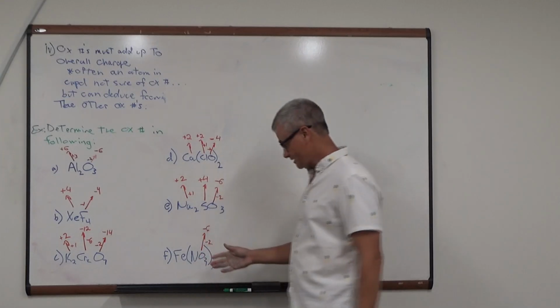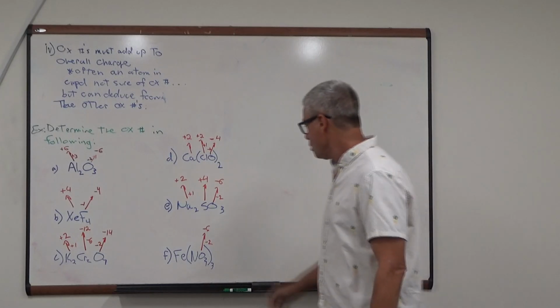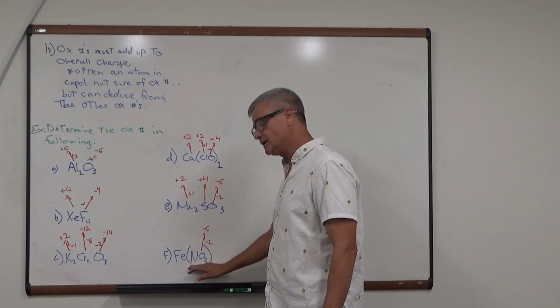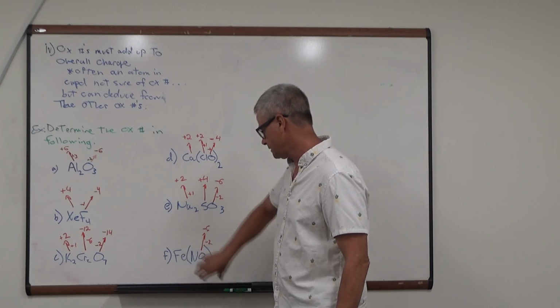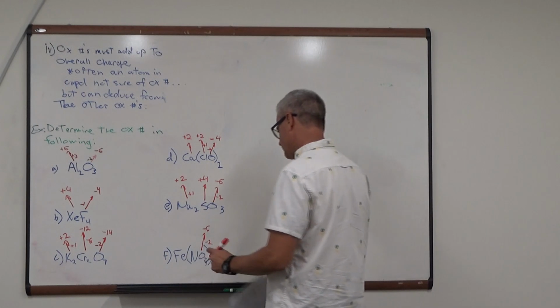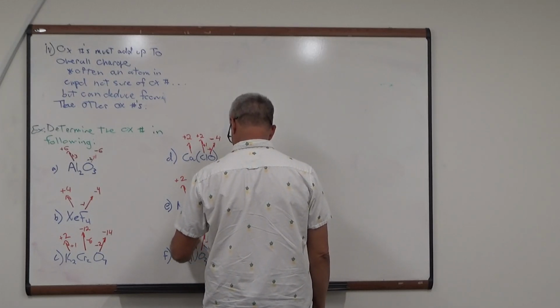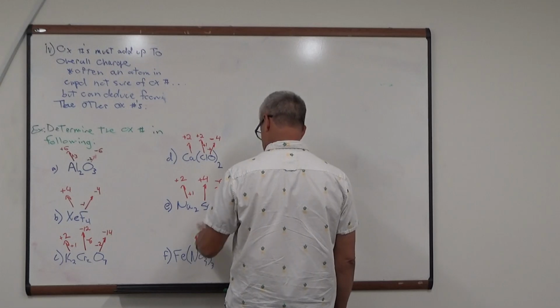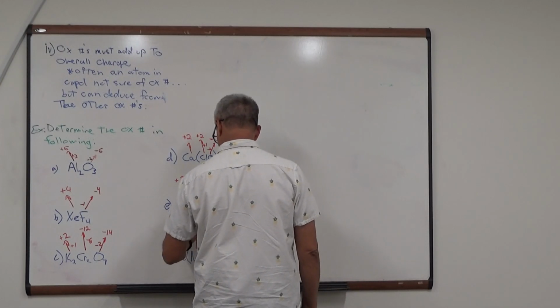I think for this one you really do need to remember that nitrate is a -1 polyatomic ion. So you know that this ion has to add up to -1, and so for it to add up to -1, the single nitrogen must be +5.